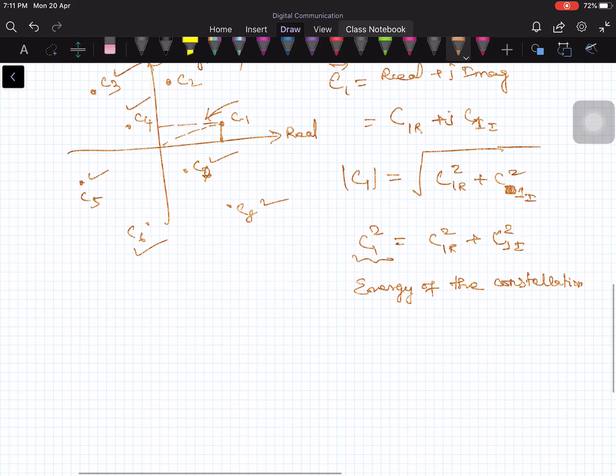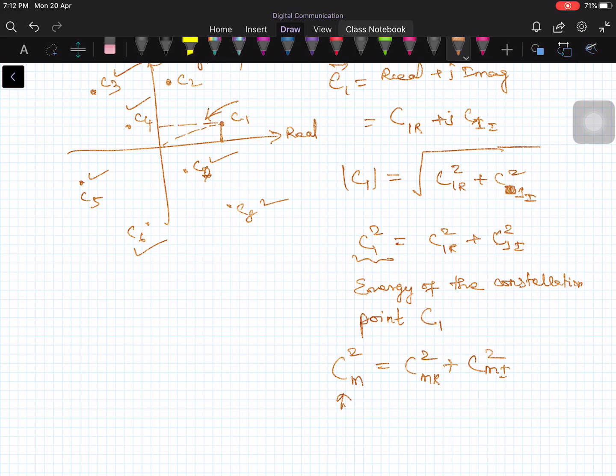Therefore, in general for m, I can write the energy of the pulse as CmR square, the real part, plus CmI square, the imaginary part. So this is the energy of the mth constellation.